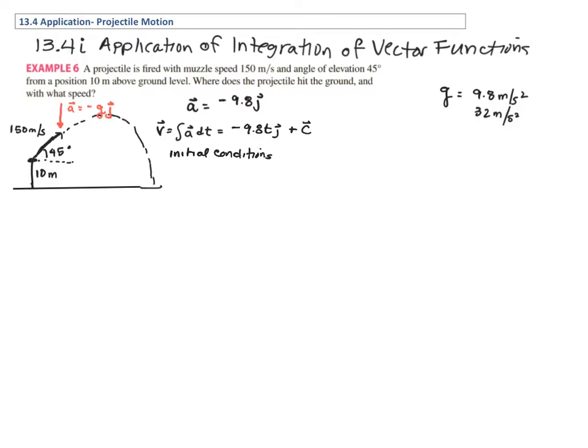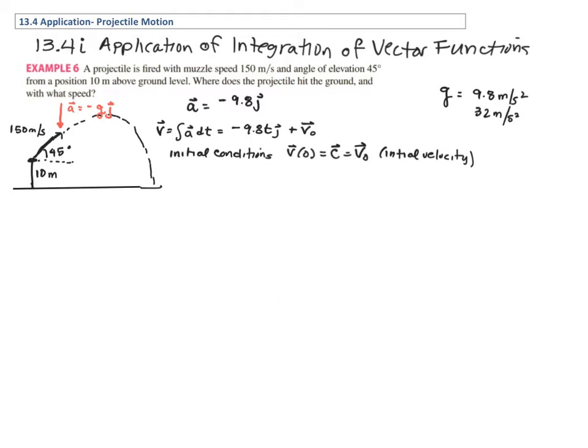If we looked at the velocity at time 0, if I put 0 into this equation, then I just get that constant right there. And because of that, we often just call that constant v sub 0, the initial velocity vector. Similar to what we do with rectilinear motion, when we integrate this, we typically just write this constant as v sub 0. So that constant of integration will always be the initial velocity vector.